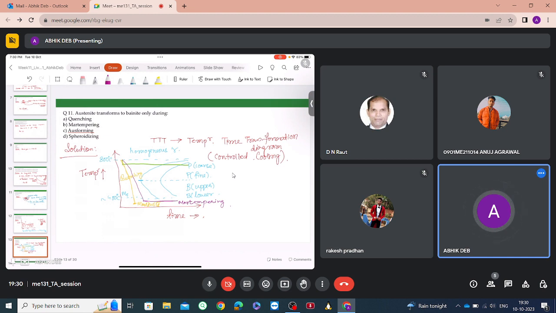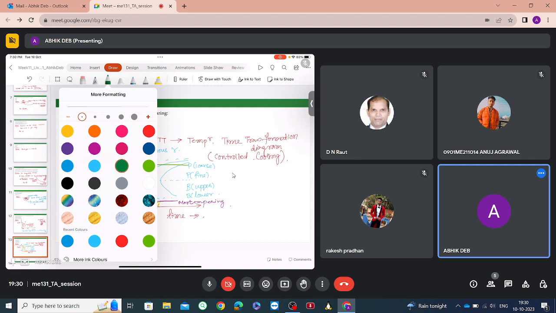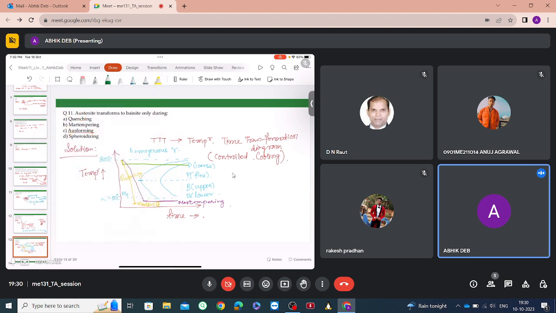So we are left with ausforming. What happens in ausforming? In ausforming, we bring it like this and then keep it at this temperature. So bainite is formed. Only bainite will be formed in ausforming.